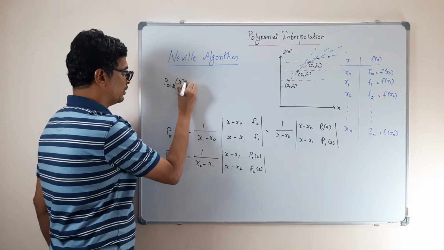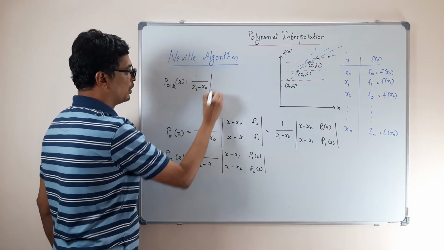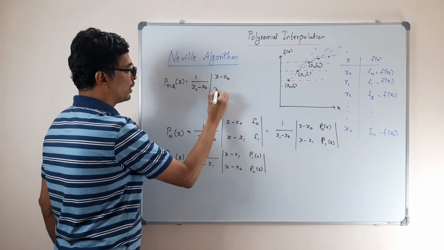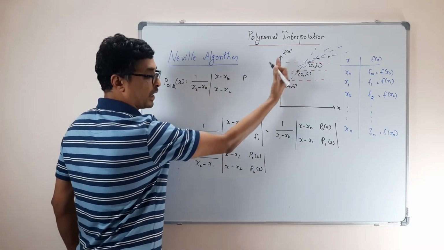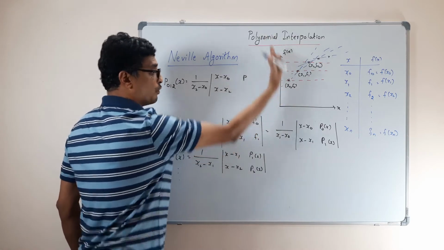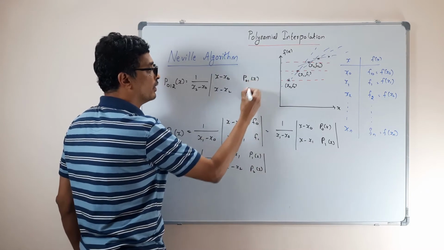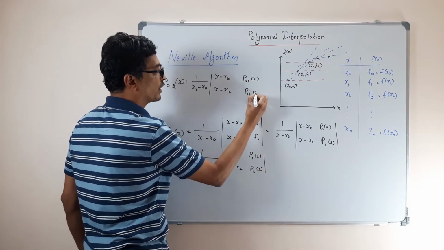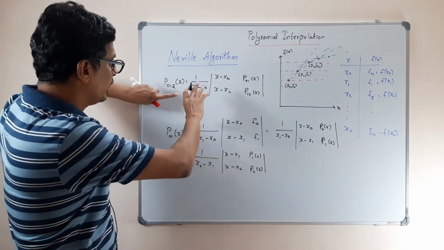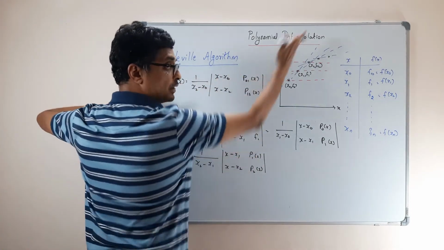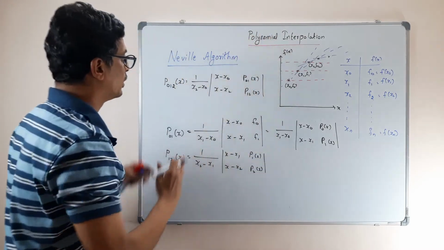p of 0, 1, 2 of x will be 1 by x2 minus x0, x minus x0, x minus x2, and I redefine my y-axis as a polynomial of degree 1, given here. So this will be p0,1 of x and p1,2 of x. This is a way of drawing lines again and again by redefining my y-axis as a polynomial of degree 1.